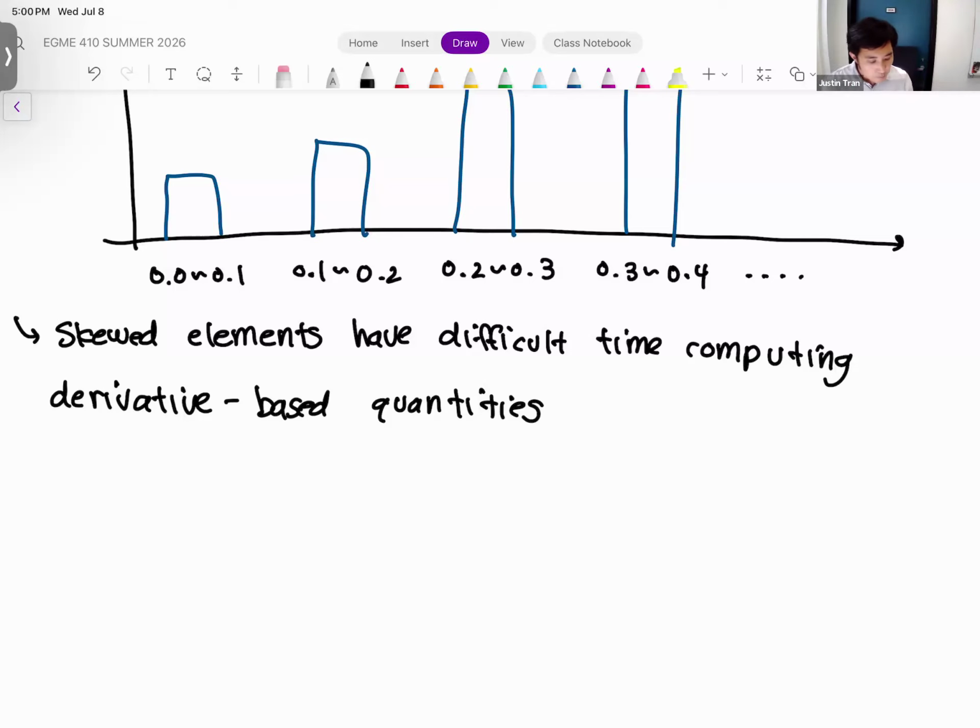The main reason is that the way that a finite element software computes a derivative is that it utilizes a technique known as finite differences.